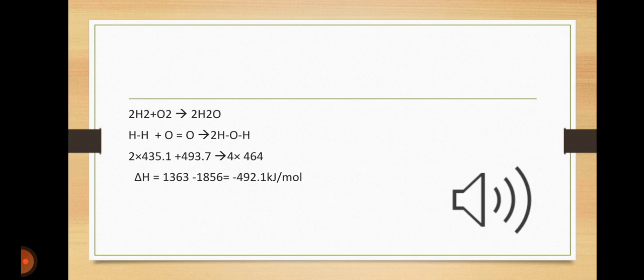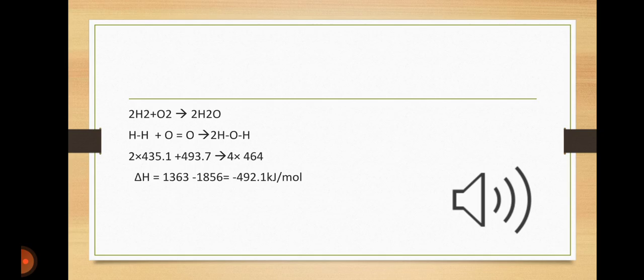The OH bond energy is 464, and 4 moles of OH bonds are there because 2H2O means 4 OH bonds.